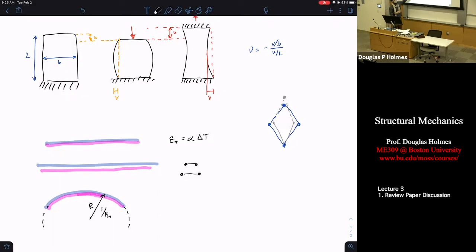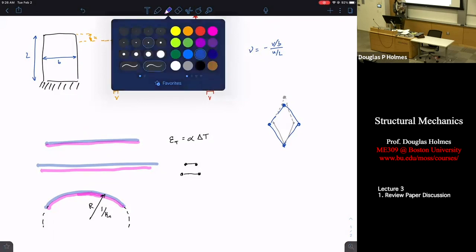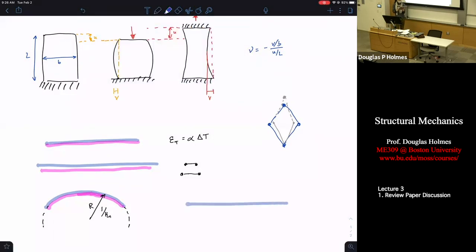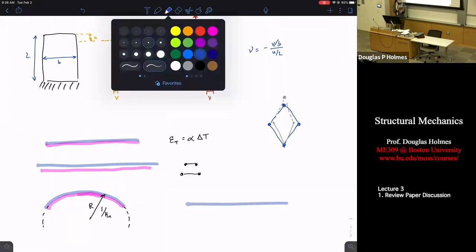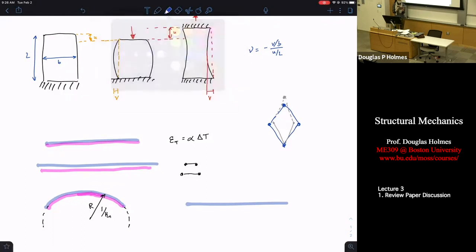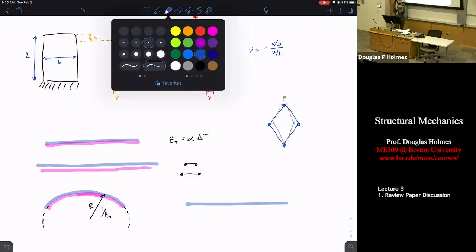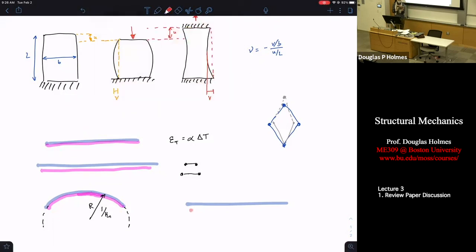So this is how bimetals work, but this can also work the same if you just have a single metal and you apply more heat over on one end than the other.